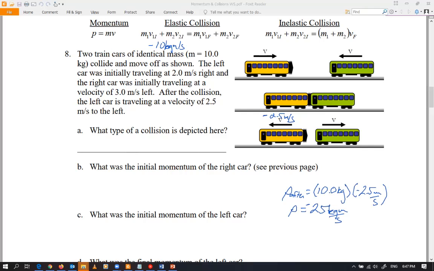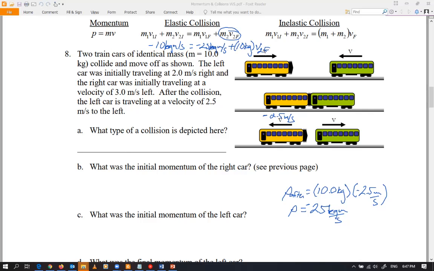Now, if we set this equal to the -10 from the other side, we have -25 kilogram meters per second plus 10 kilograms times V2 final.